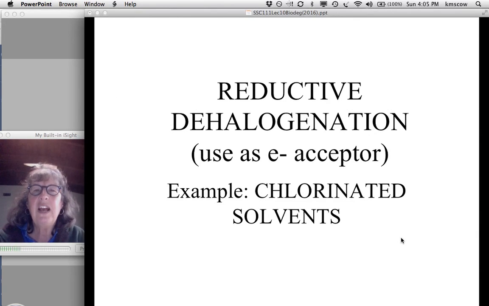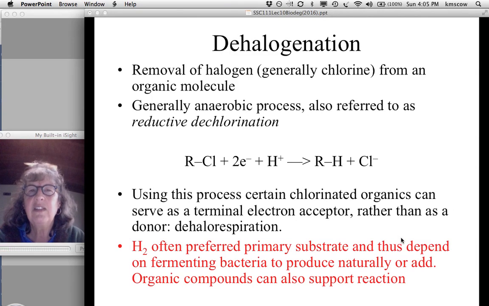Okay, reductive dehalogenation is another way microbes use pollutants, and in this case, they're using the organic compound as an electron acceptor, and chlorinated solvents, again, are an example of it. So dehalogenation is one example of this use of a pollutant as an electron acceptor, where there's a removal of a halogen, often a chlorine, from an organic molecule.